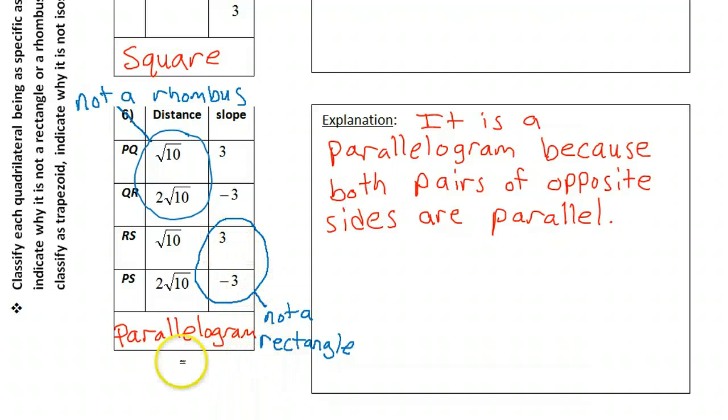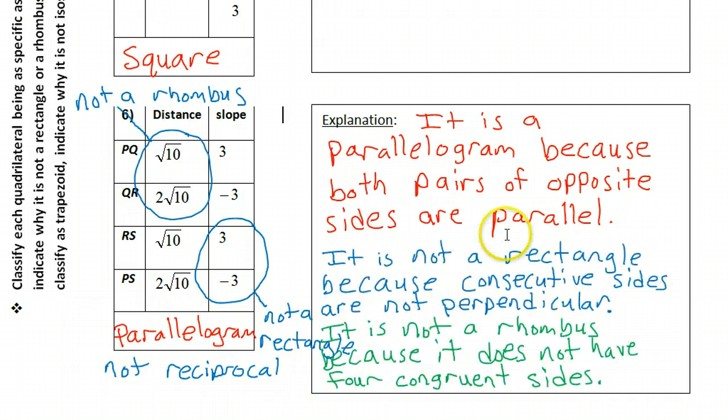And if you wanted to add on there that they're not reciprocal, that's even better. Okay, if you prefer to write your sentences, you can do that. Okay, I overlapped those a little bit. Let me move this over.